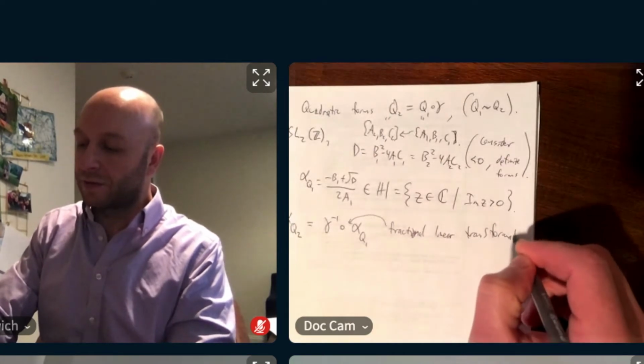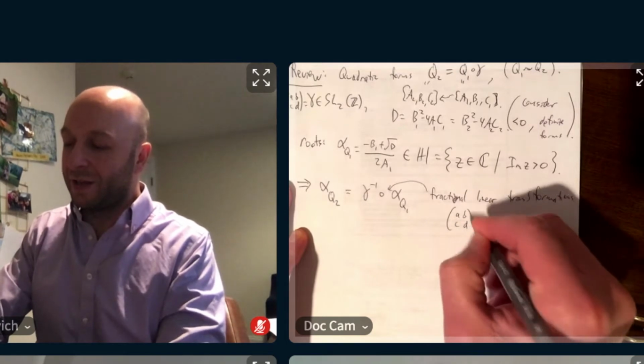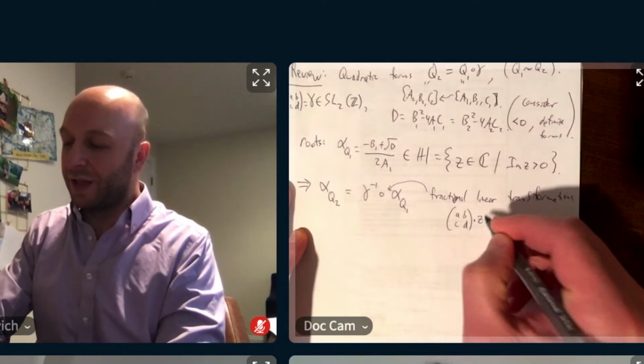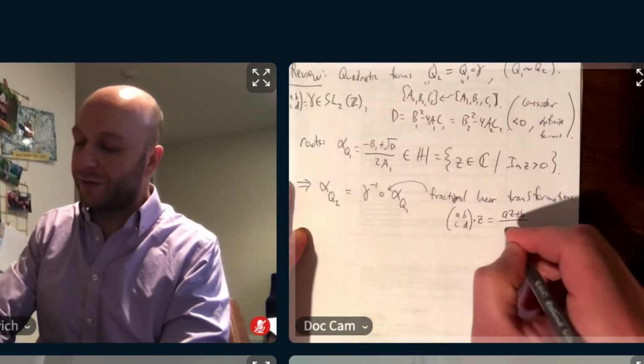In other words, a matrix a, b, c, d takes a number z in the upper half plane to (az plus b) over (cz plus d).